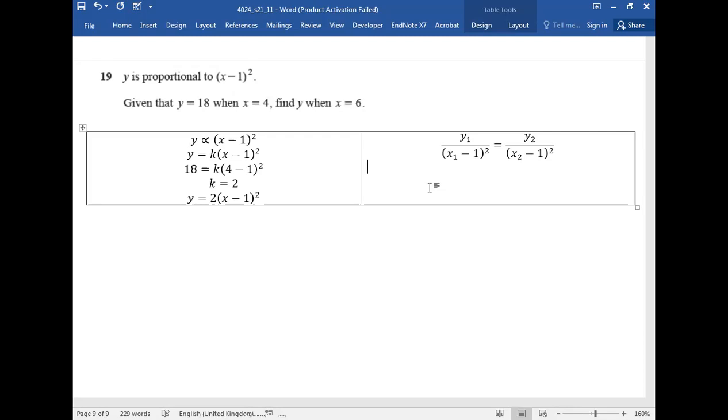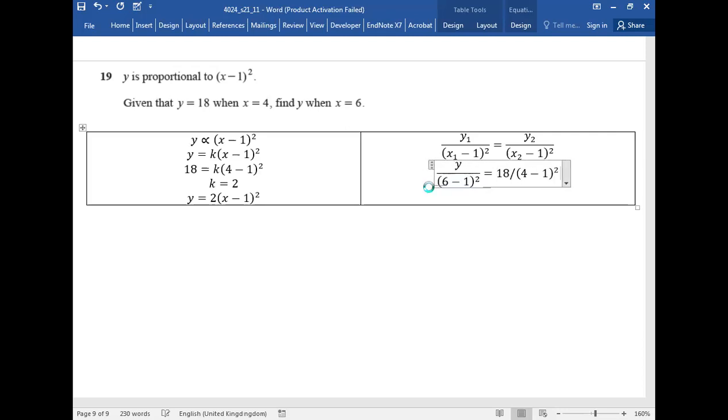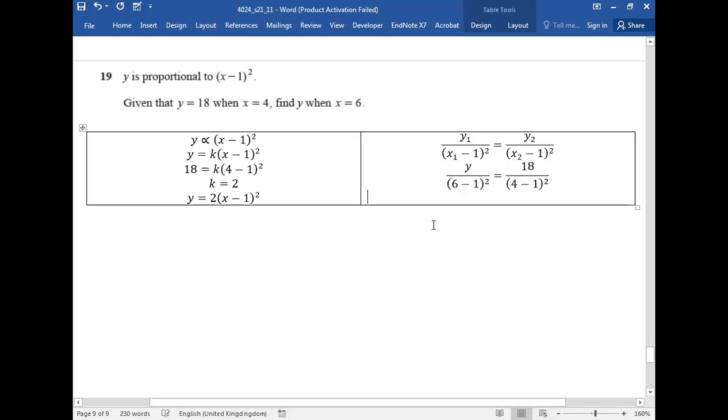आप एक quantity change करेंगे, the other will change, but the ratio of y and (x minus 1) whole square will not change. Is this clear? So पहली y की value मैं y ले लेता हूँ जो मुझे नहीं पता. When y is y, x is 6. And when y was 18, x was 10. Is that right or wrong?